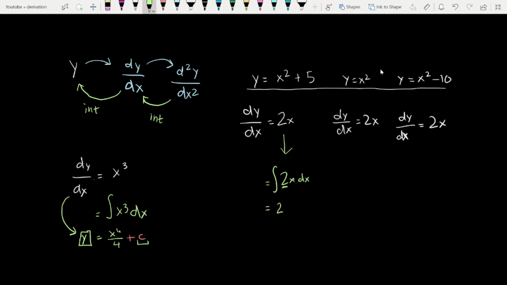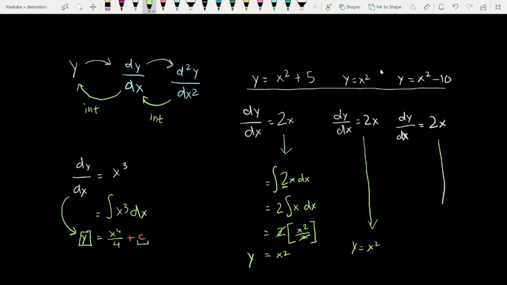That's going to be 2 times the integral of x dx. We know how to integrate this. It's going to be 2 times x to the power 2 over 2. So we can cancel out the 2s, and we're left with x squared. And in the same way, we integrate this 2x, and we get x squared. And then we integrate this, and again we get x squared.